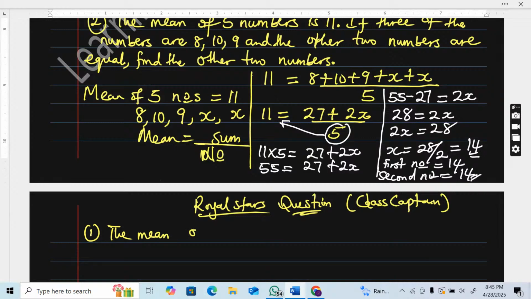So try it. The mean of 8 numbers is 7. The mean of 12 numbers is 10.